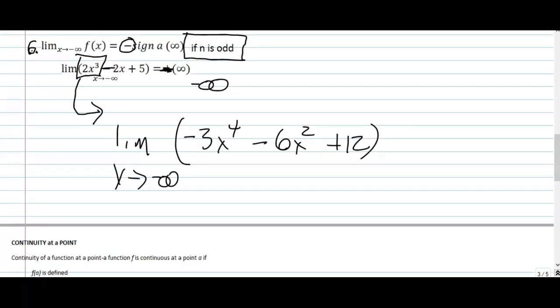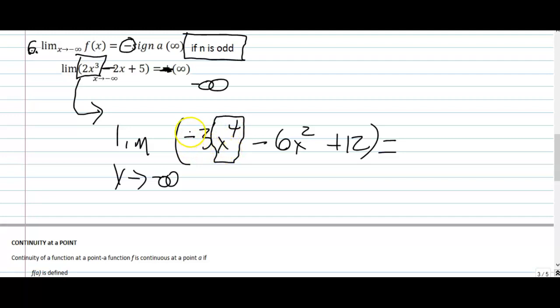If we take a number that decreases without bound, that means it becomes infinitely negative, and we raise it to an even power, then that extreme negative value will become positive.